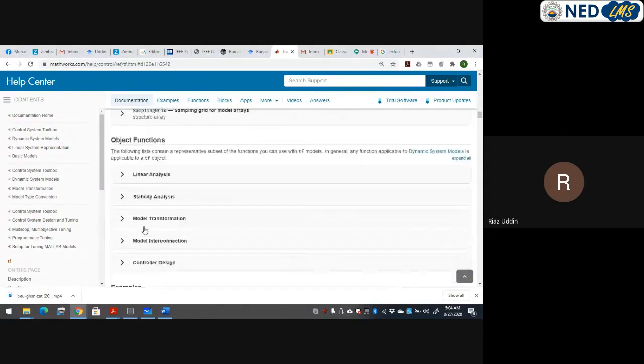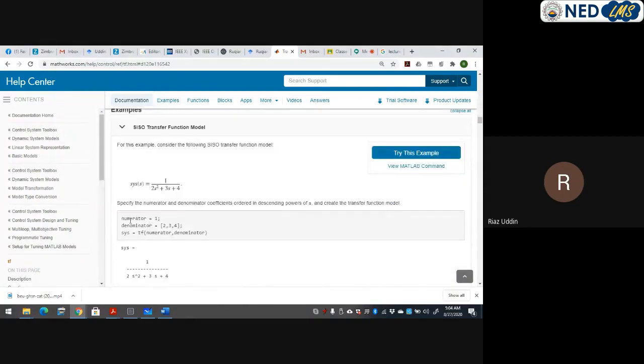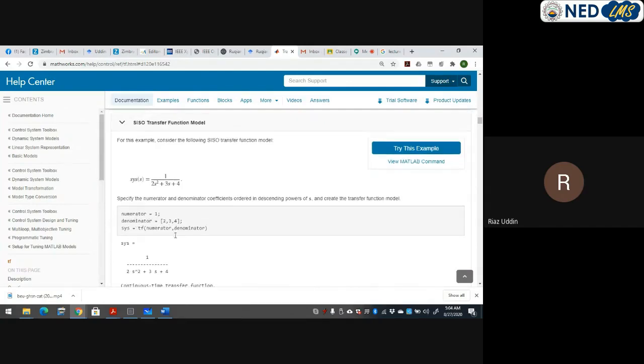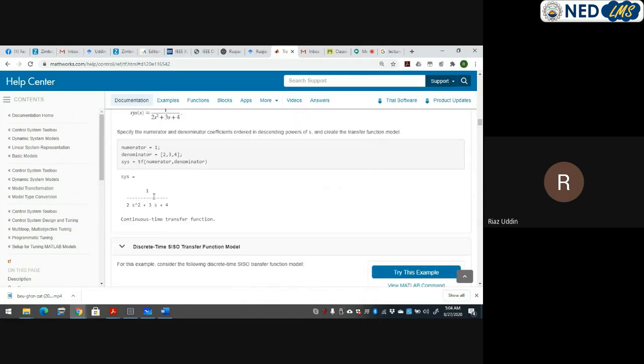is write a numerator, and write a denominator as an array, and then we will say system is equal to transfer function numerator comma denominator. In that case you will get this kind of transfer function. Once you have this transfer function, you can change different values of zeta here in brackets, and then you can just write step sys.